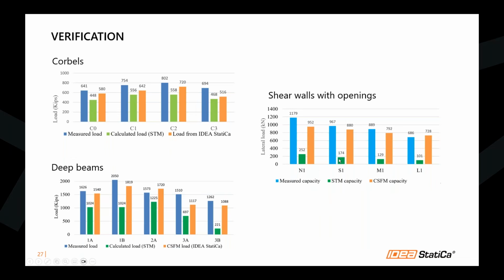So what does it mean? If you are using IDEA StatiCa Detail, you can actually save some of the material, including rebar or concrete. You don't need that much concrete or rebar to design your wall, and it's actually still within the buffer of physical testing, so it's also safe, right?